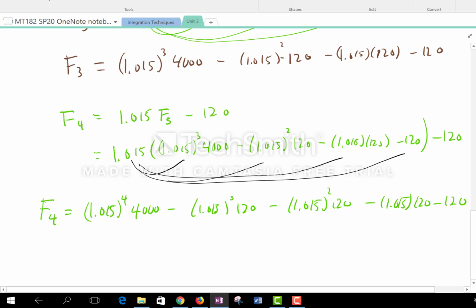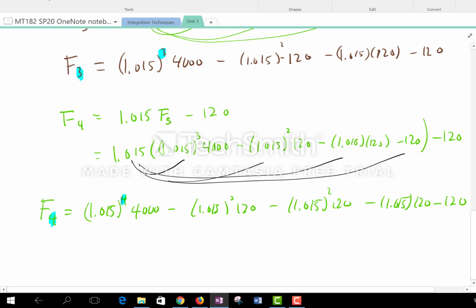Okay, so let's take a look at these last 2 parts here, F3 and F4. Notice what's changing in here is the subscript from 3 to 4. Where did that 3 show up? The 3 showed up as the exponent of the 1.015 times the 4,000.